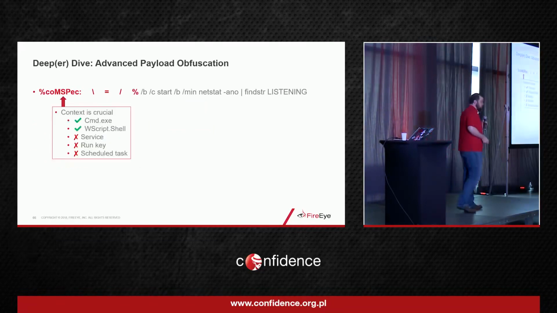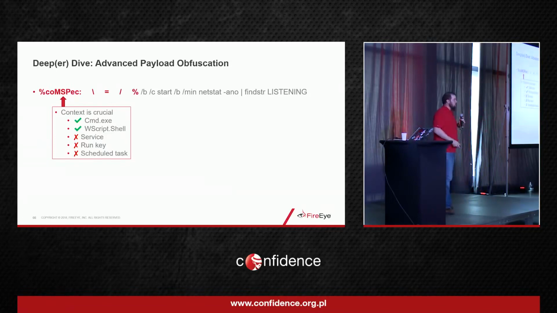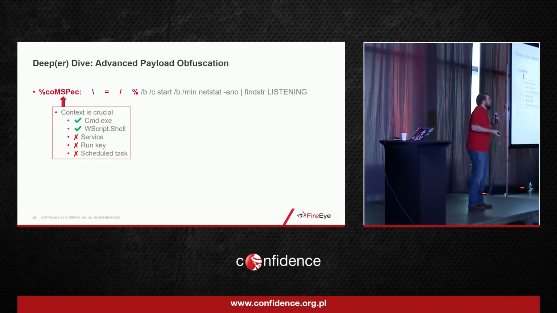Now, a really important point here is that context is crucial. If you're a red teamer and you take this command and you paste it into services or registry run key or something like that, it will not work. And here's why. This crazy substring and substitution stuff only makes sense in the context of command.exe. But when you're running something as a service or run key, it doesn't know what the context is yet.